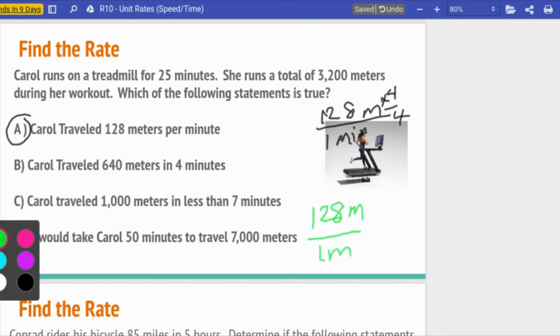So let's see in 50 minutes how far she went. So I'm going to times that by 50. And that is 6,400 meters in 50 minutes. So it would take Carol 50 minutes to travel 7,000 meters. Nope, it's going to take Carol longer than 50 minutes. So the only statement there that's true would be A.